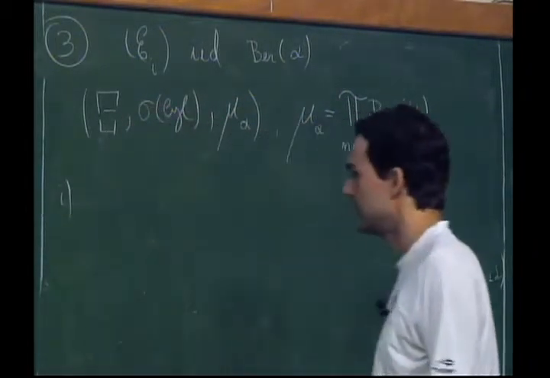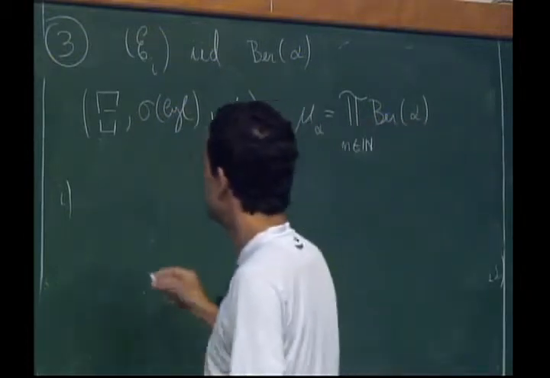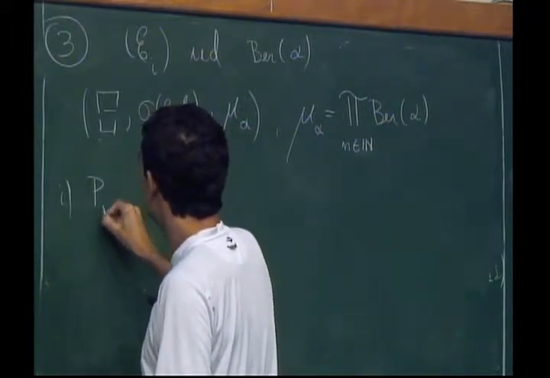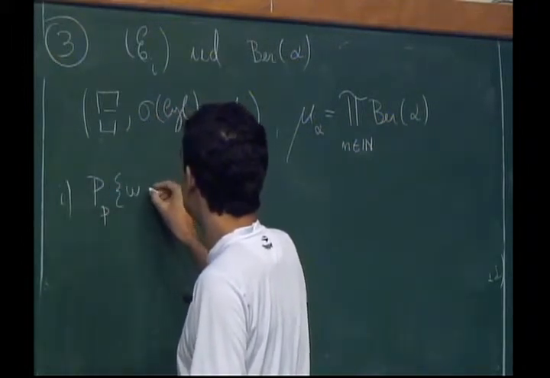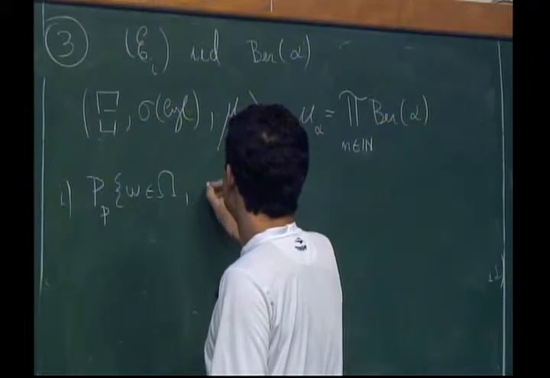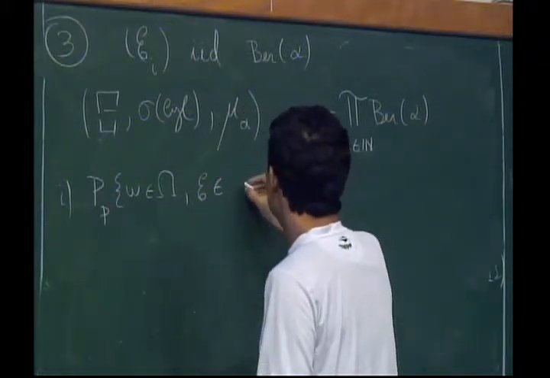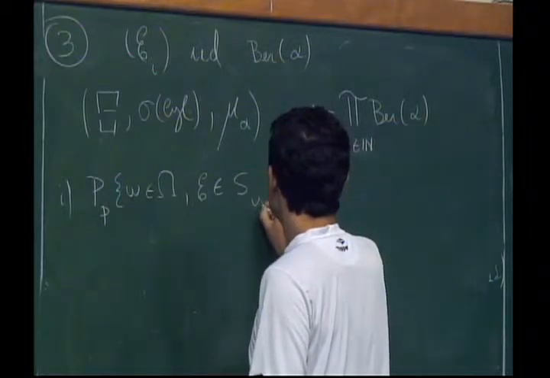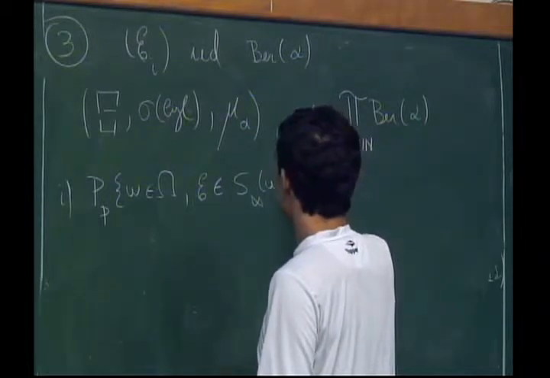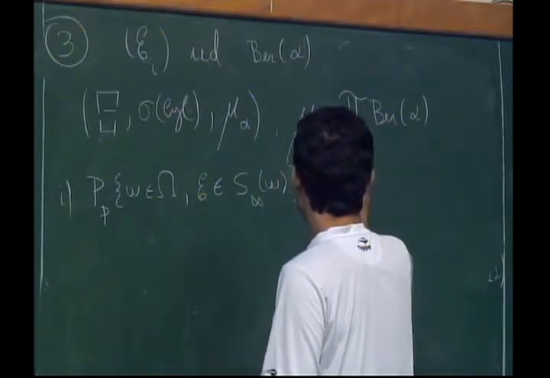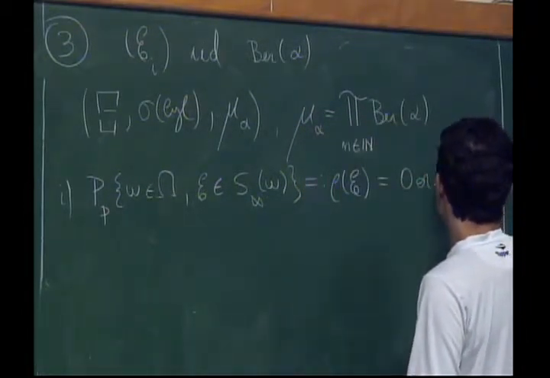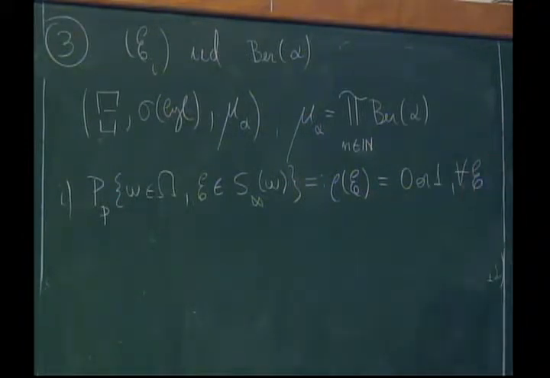The first part is almost standard: the probability of the set of configurations such that the word xi is seen is 0 or 1 for any word.